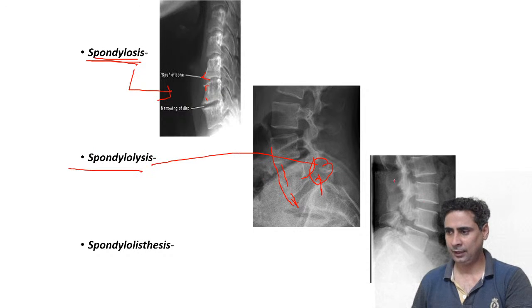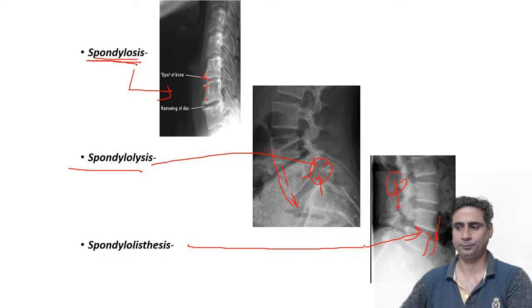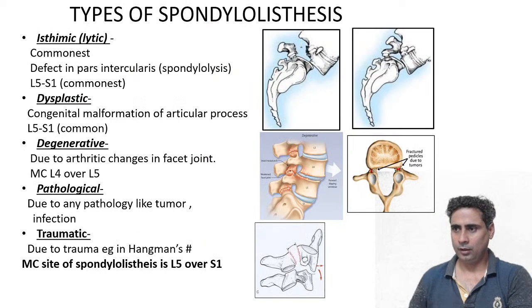Now in this X-ray there is spondylolysis and this vertebra is slipping over this vertebra. So this is spondylolysis along with spondylolisthesis. Now there are the following types of spondylolisthesis.